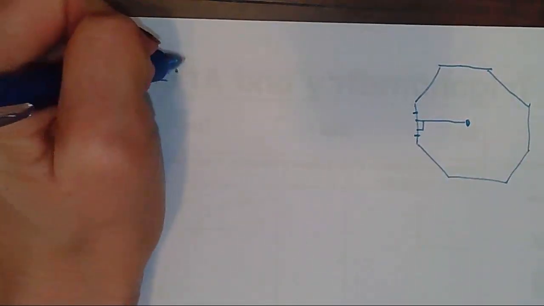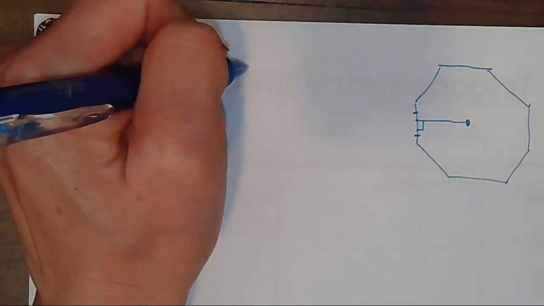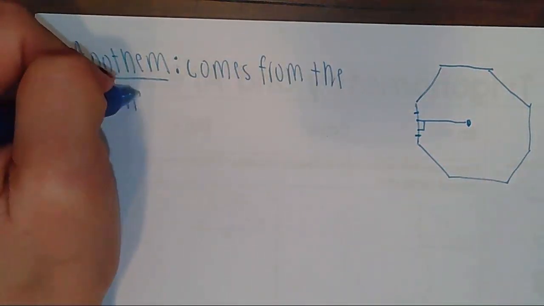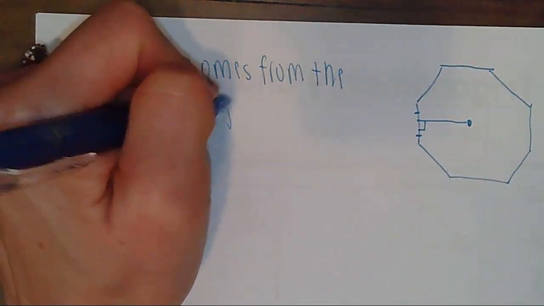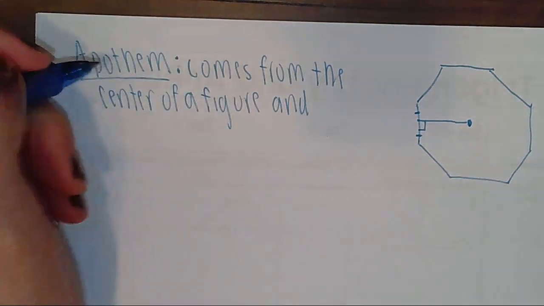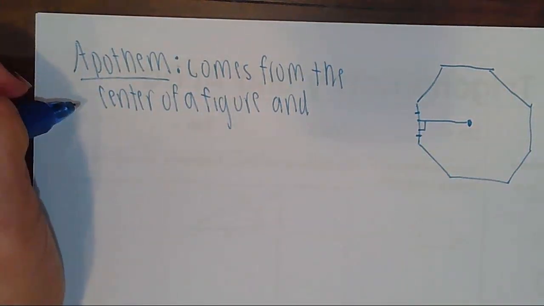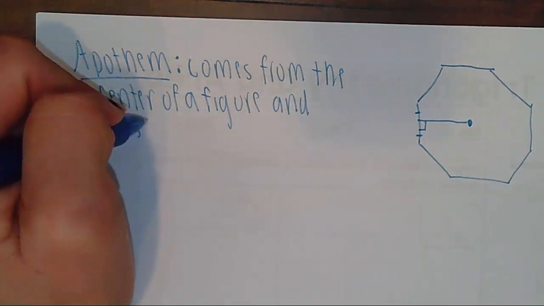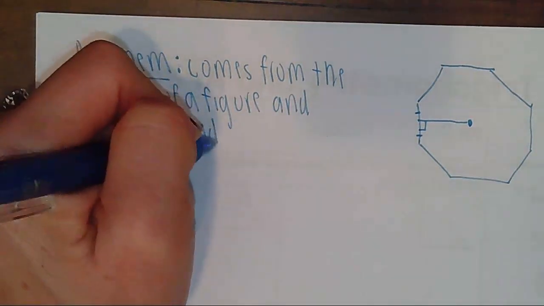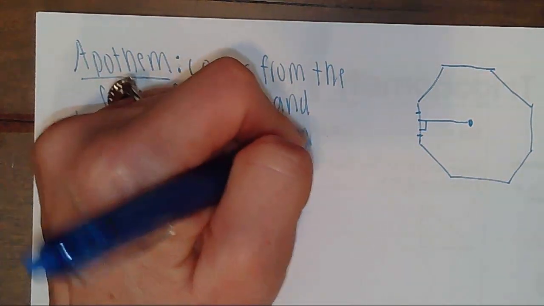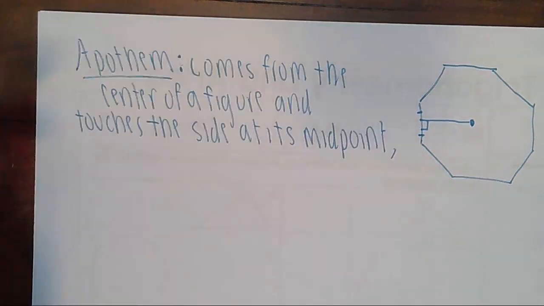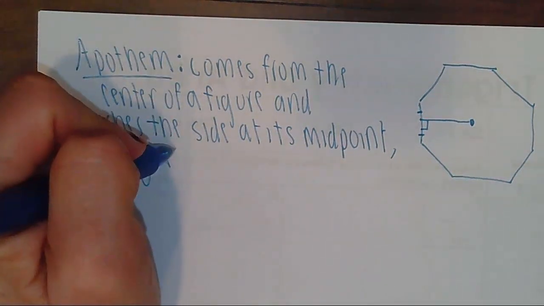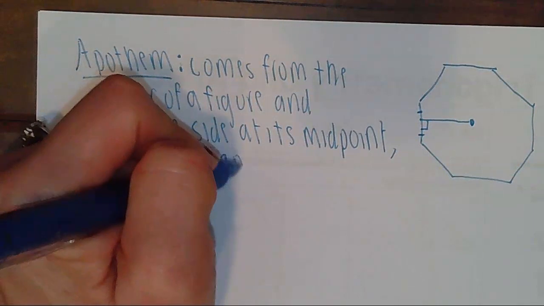So the apothem comes from the center of a figure and touches the side at its midpoint, creating a 90-degree angle.